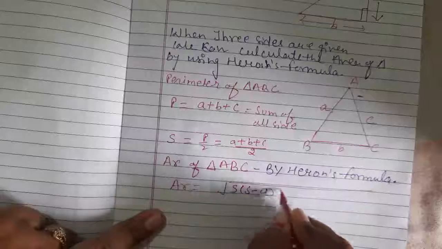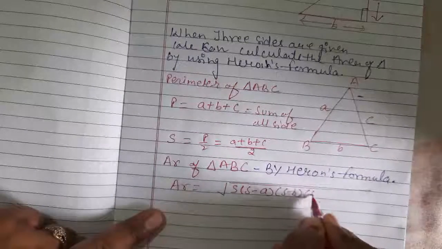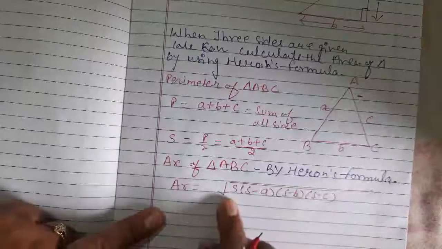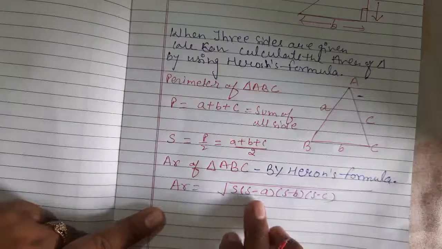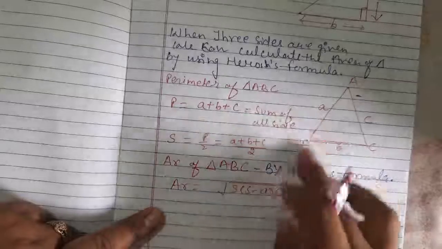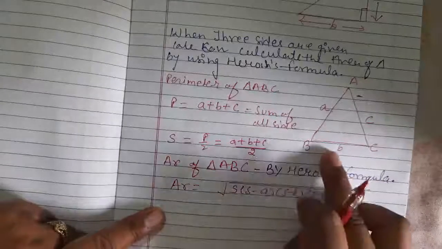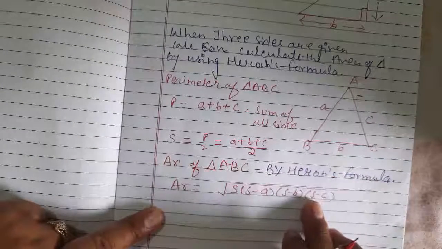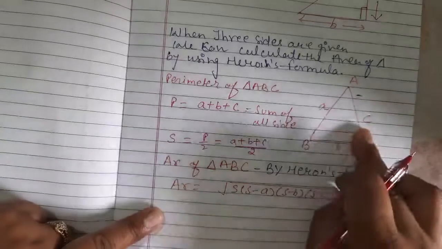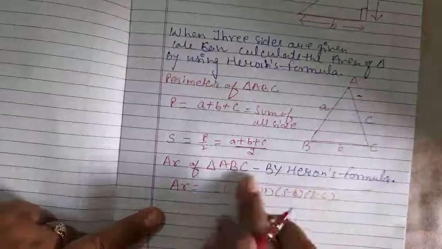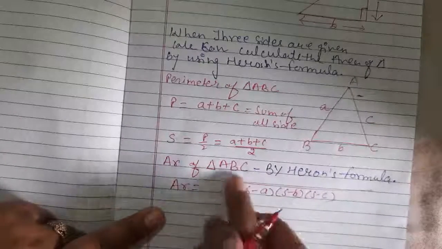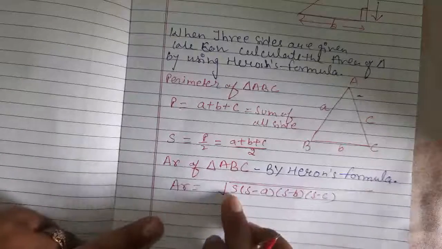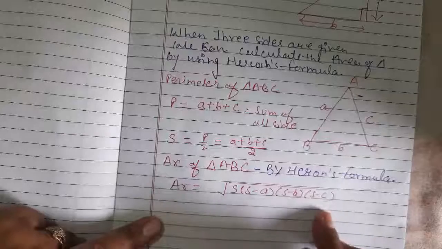The area is s into (s minus a), (s minus b), (s minus c). That means semi-perimeter s into s minus a, first side of the triangle, s minus b, second side of the triangle, and s minus c, third side of the triangle, and root over it. This complete product will come under the root.